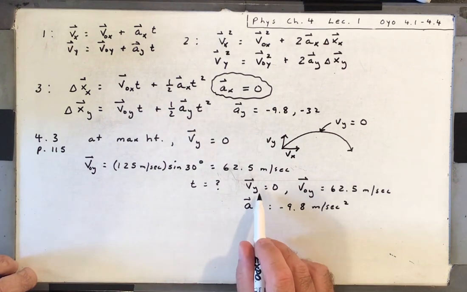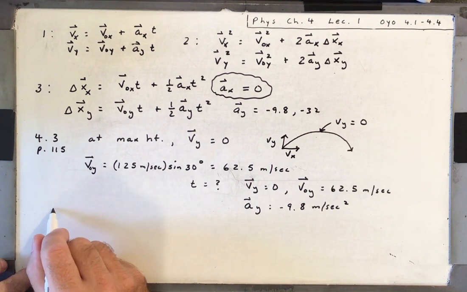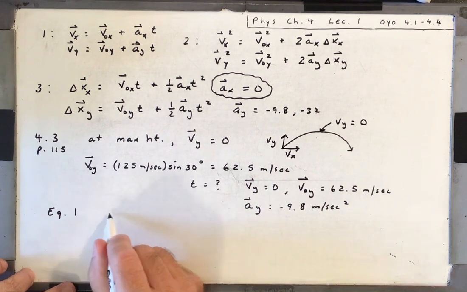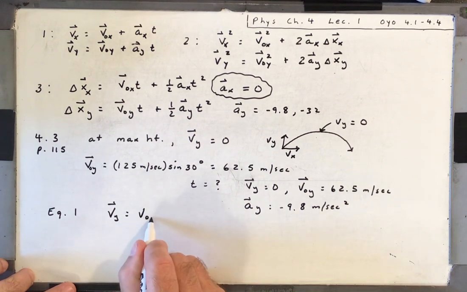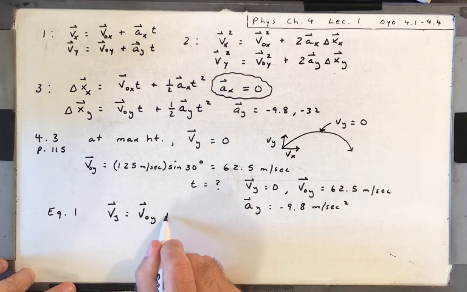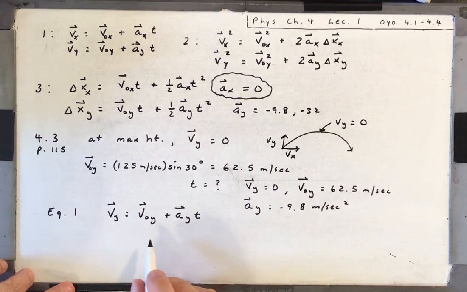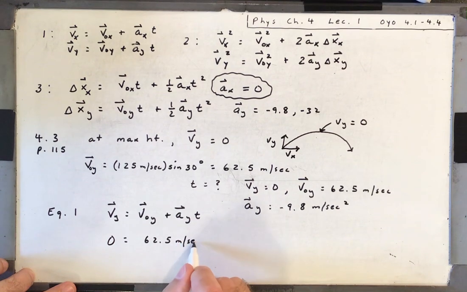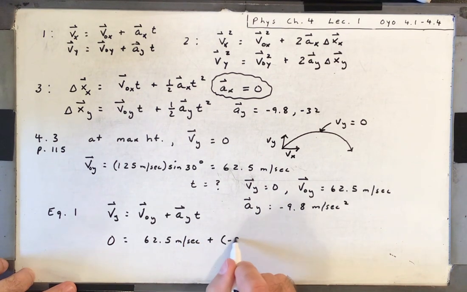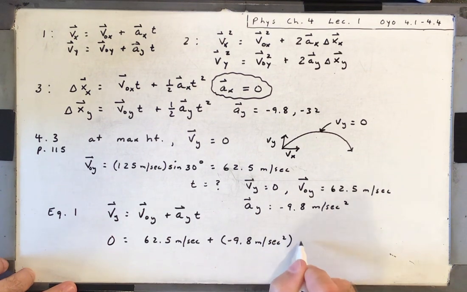So if I know these three, final, initial, and acceleration, I can use equation 1. That's final velocity in the y direction is equal to initial velocity in the y direction plus acceleration in the y direction times time. So 0, our final, is equal to 62.5 meters per second plus negative 9.8 meters per second squared times time.